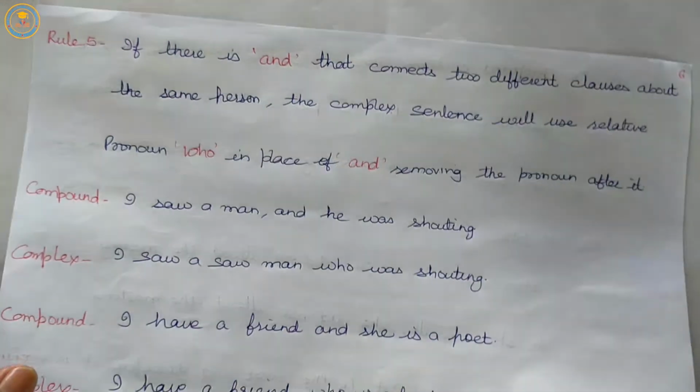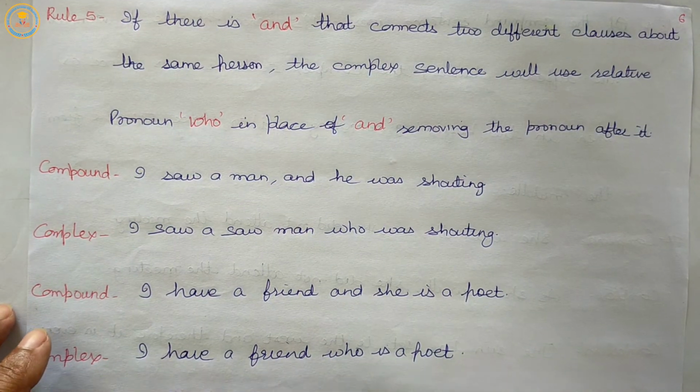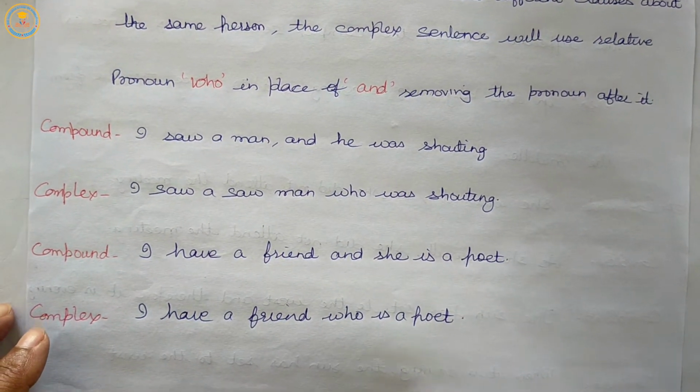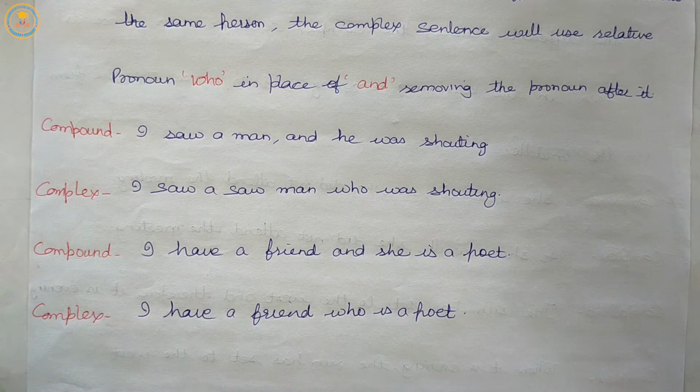Our fifth rule. If there is "and" that connects two different clauses about the same person, the complex sentence will use the relative pronoun "who" in place of "and", removing the pronoun after it.